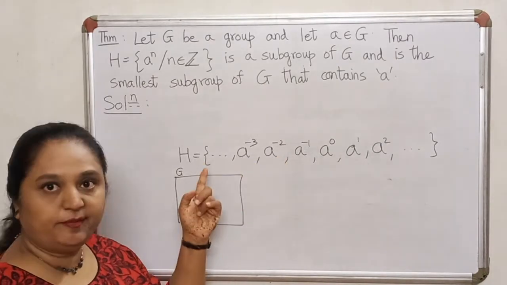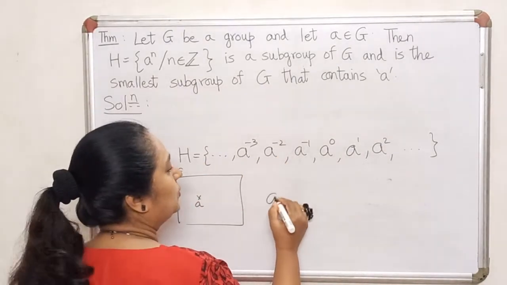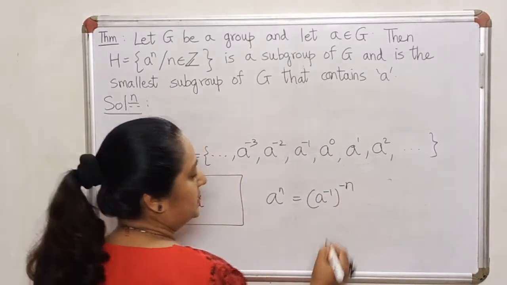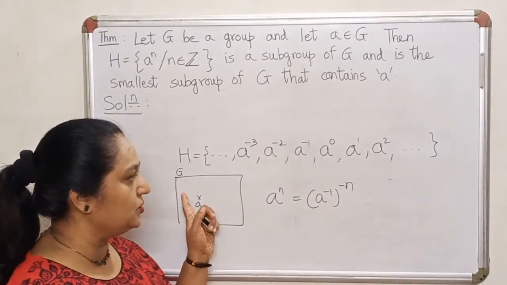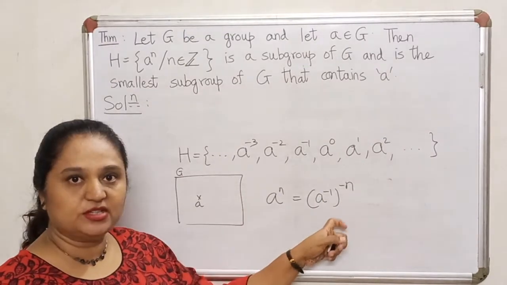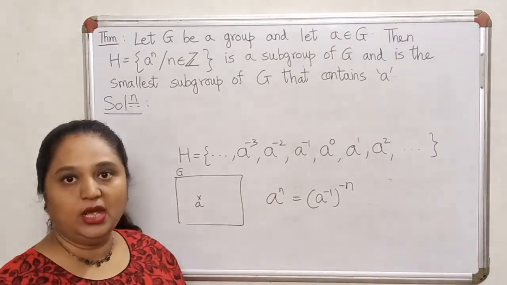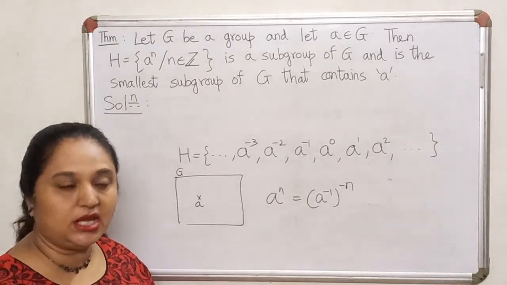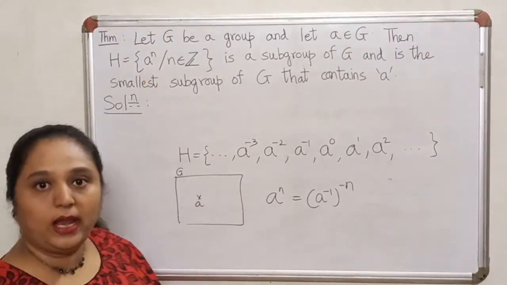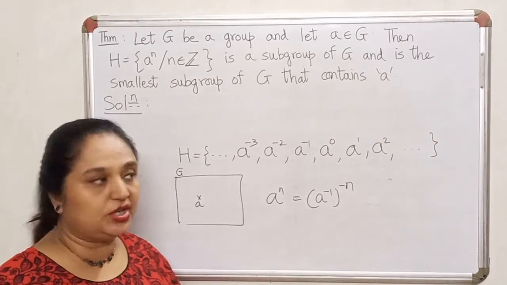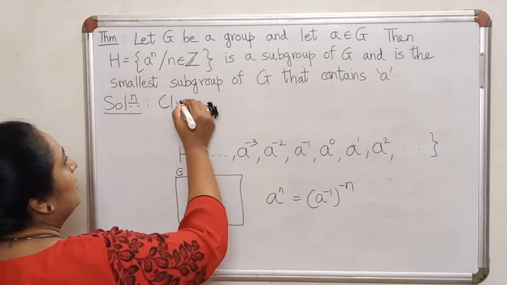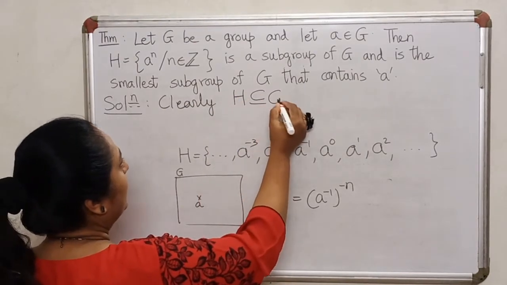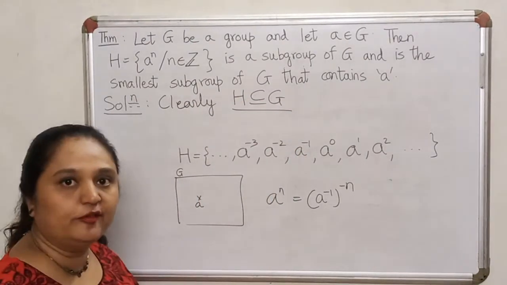Similarly, all negative powers, because A raised to a negative power can be written as A inverse raised to a positive power, and A inverse is in G. So all positive powers of A inverse will also lie in G by closure property. Also A raised to 0 by definition is E. So these are all elements which lie inside G, and it is clear that this set H is definitely a subset of G.